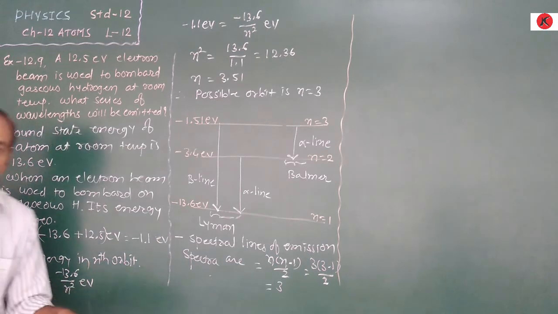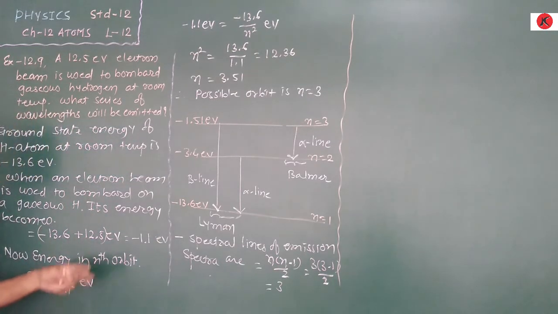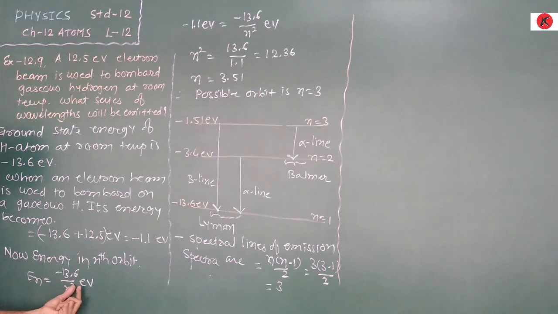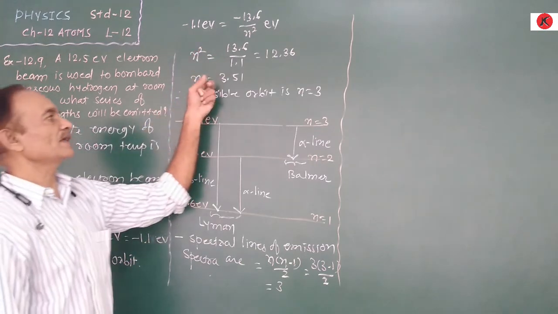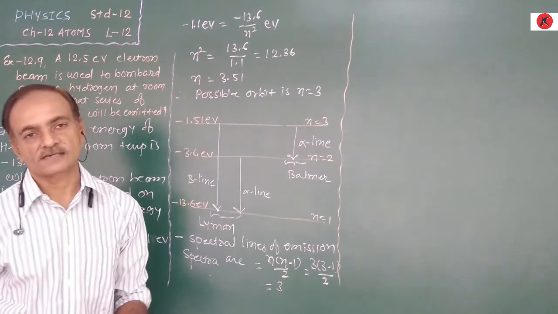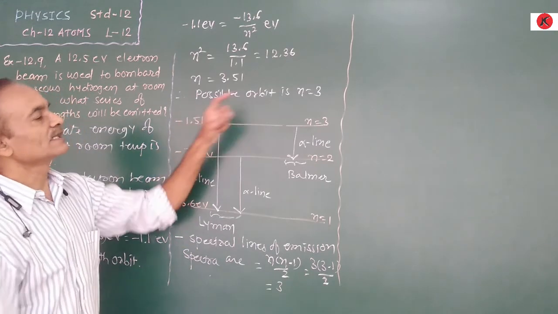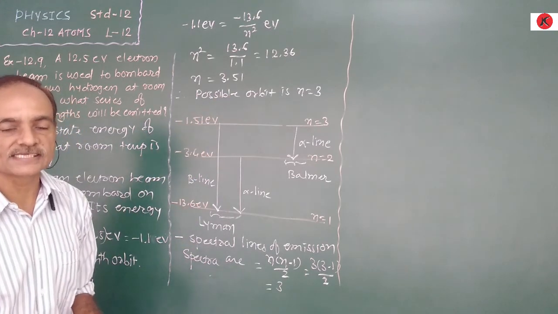Due to the increase in energy, the electron is excited to some state. Now the energy in the nth orbit is En equal to minus 13.6 upon n square electron volt, so minus 1.1 equals minus 13.6 upon n square. Thus we obtain the value of n as 3.51. Therefore, the possible orbit is n equal to 3.